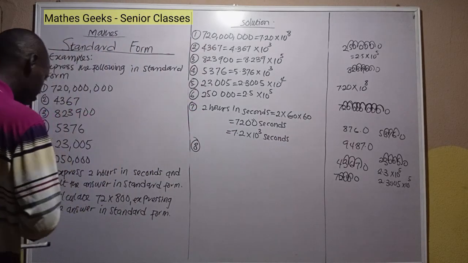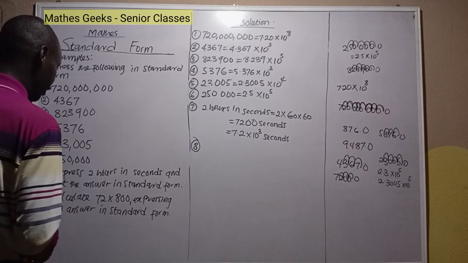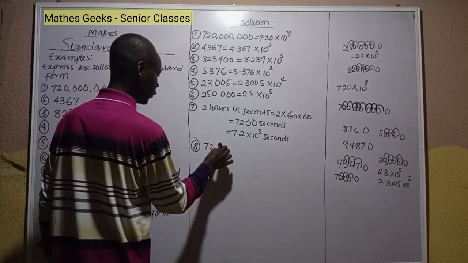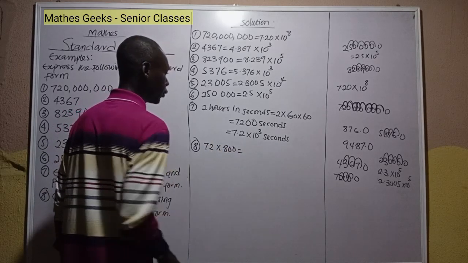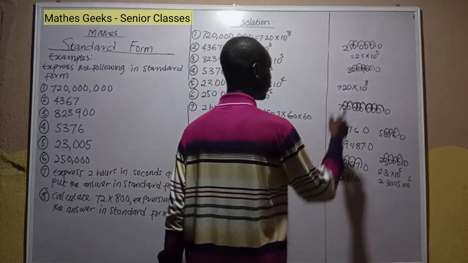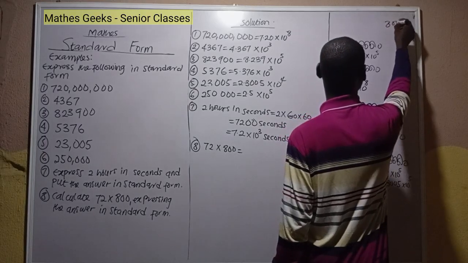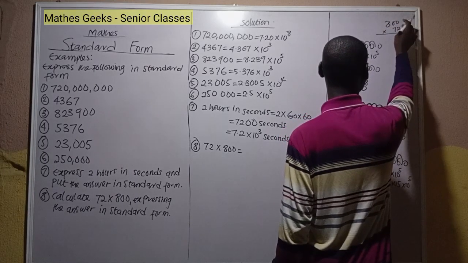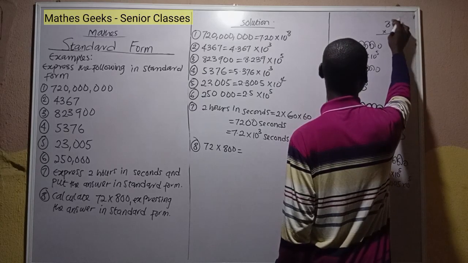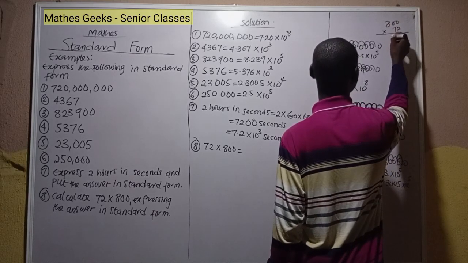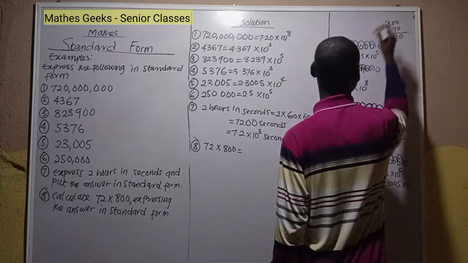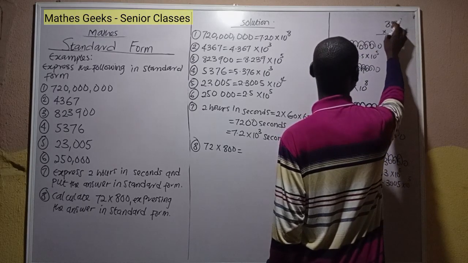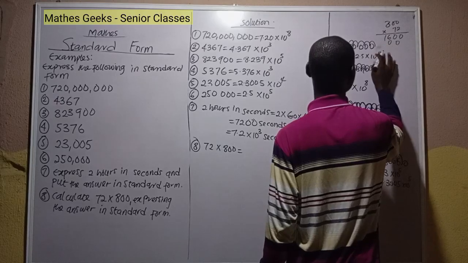Number 8. Calculate 72 times 800, expressing it in standard form. 72 times 800 is equal to, let's do our calculation. 872 times 7. 2 times 0 is 0. 2 times 0 is 0. 2 times 8 is 16. 7 times 0 is 0. 7 times 0 is 0. 7 times 8 is 56.